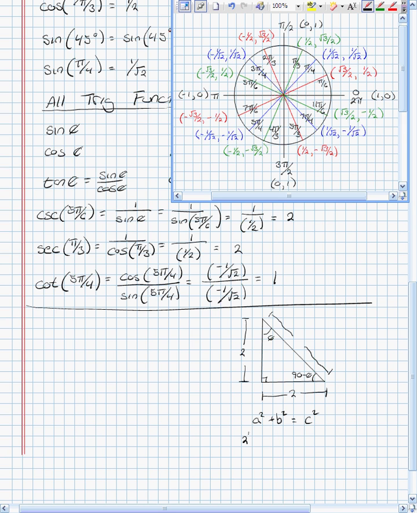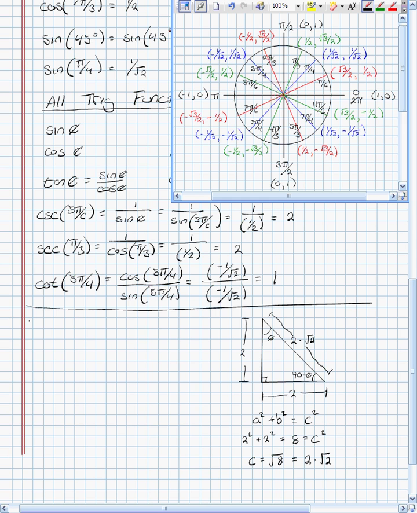So we have 2 squared plus 2 squared is equal to 8, which is equal to c squared. So c is equal to the square root of 8, which is equal to 2 times the square root of 2. So this length here is 2 square root of 2.